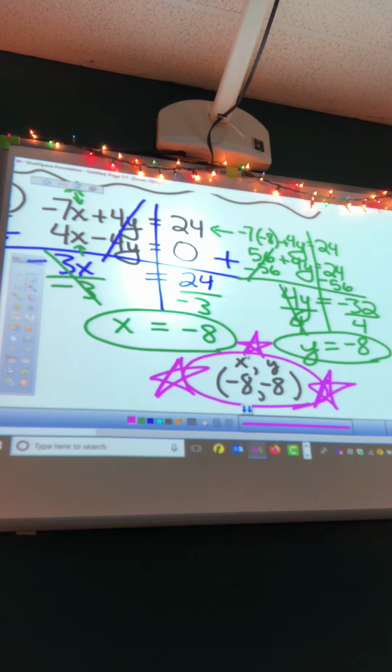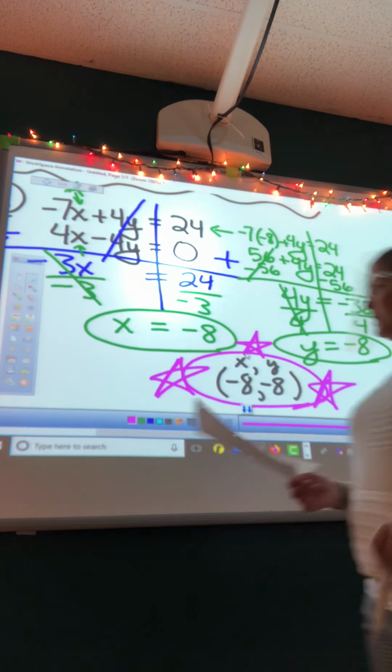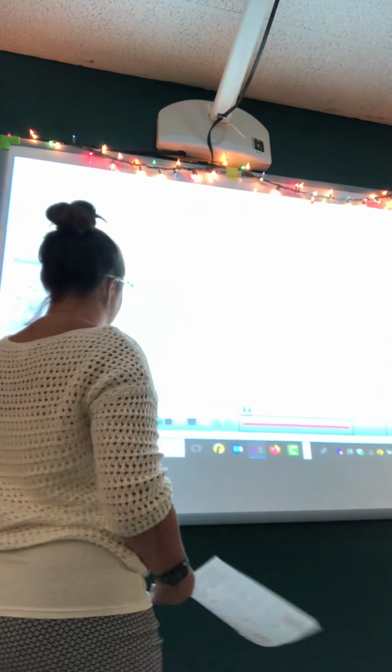Neither one of those are set up for elimination, but we can still use elimination because it's not set up for substitution. Okay? Any questions here what we did? All right, let's go ahead and look at number 6 as another example of elimination.